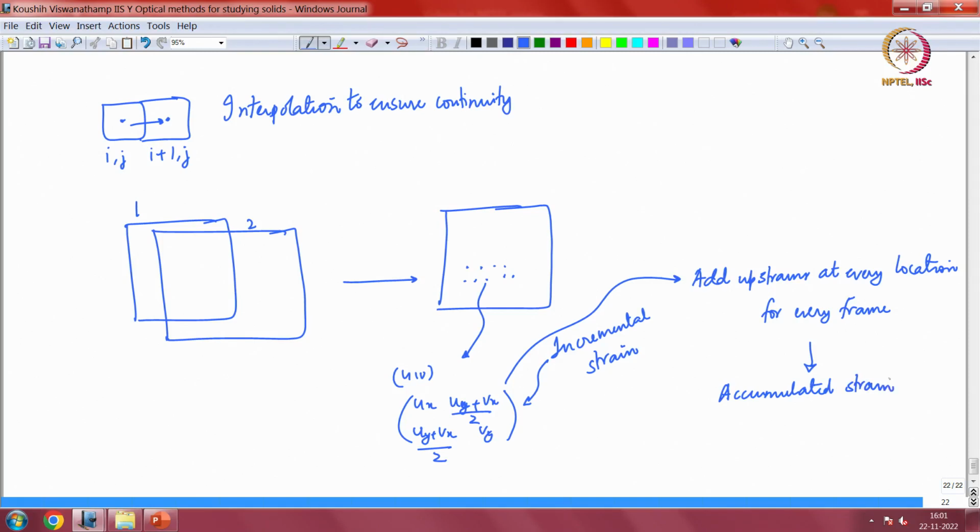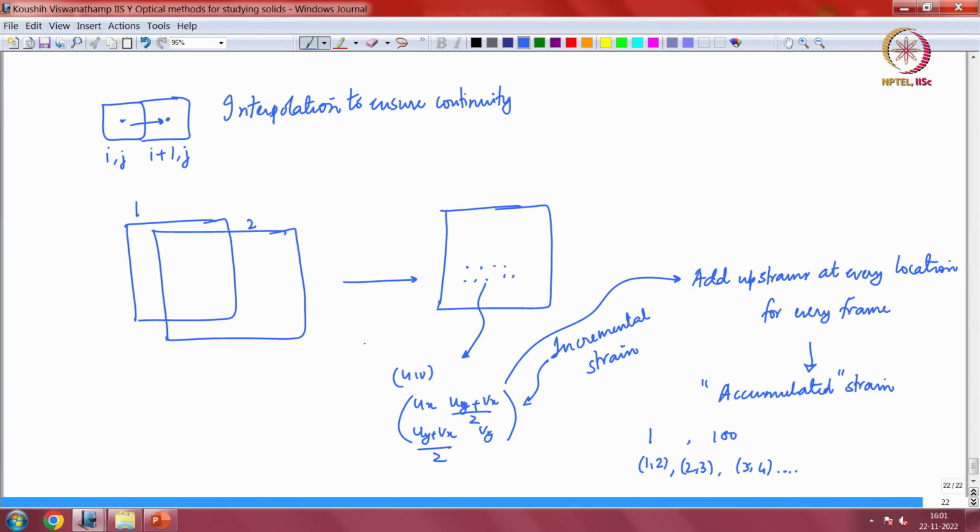So, if you have image 1 and image 100, you do incremental strain between 1 and 2, between 2 and 3, between 3 and 4 and so on, and then you add up the strains depending on where the particular material point has gone, you add the strain in the subsequent pair to that particular value, and then you keep adding up as you go along. So, this will give you not only the strain at any point, but the strain as a function of the deformation during the deformation itself. Okay, so, that is a typical implementation.